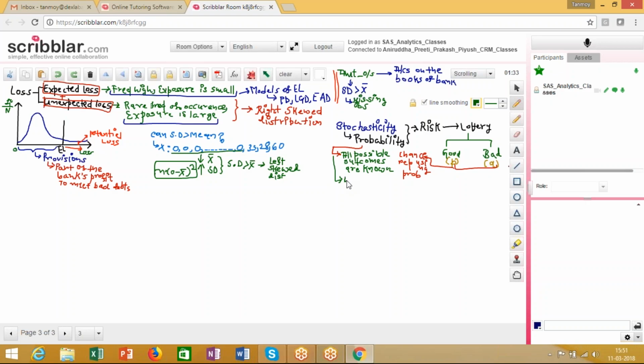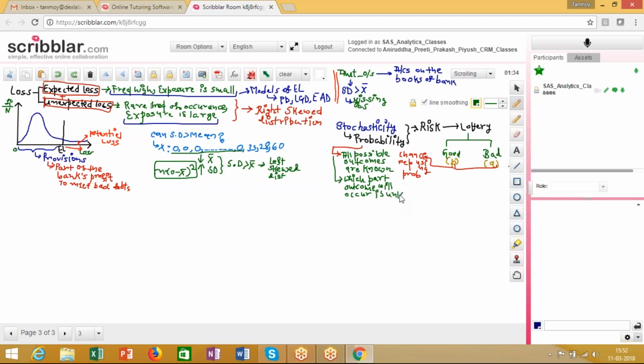So which particular outcome will occur for a given action is unknown to us.